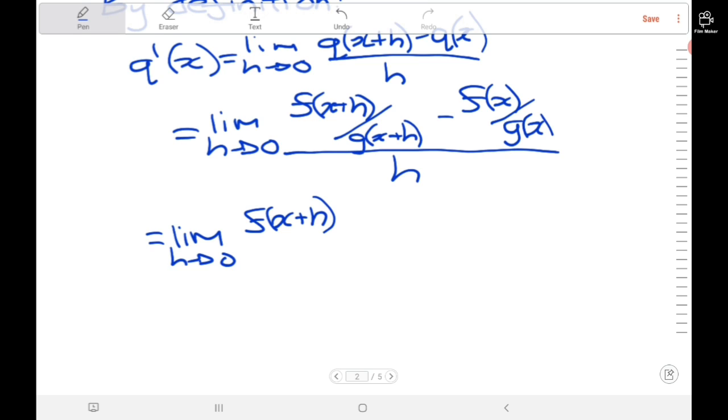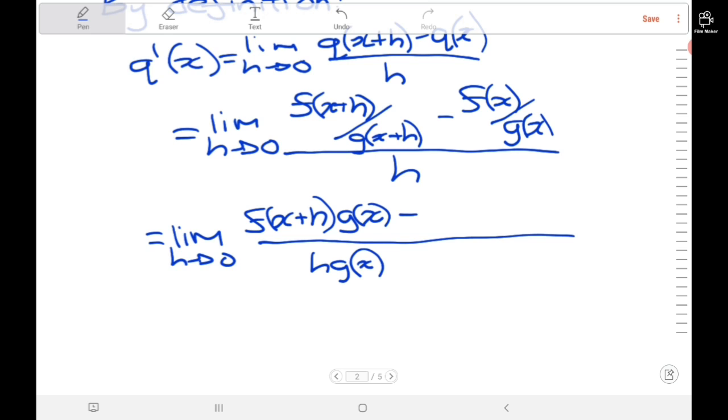So that means we multiply the first one by g of x divided by g of x, and the second term we multiply by g of x plus h divided by g of x plus h. And that gives us the same denominator, so we can combine that in with the original denominator of h, and we just have one fraction as opposed to a fraction of fractions. What can we do from here?